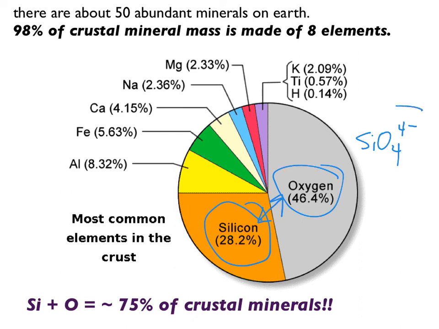And then that molecule can go around and bond with potassium, magnesium, sodium, calcium, iron, aluminum, or a combination of those. These all form positively charged cations that will balance out this negatively charged anionic complex, and the result will be a silicate mineral. So silicate minerals, including the mineral quartz, are far and away the most abundant mineral class in the Earth's crust. And again, that's because Si and O are the most abundant elements in the crust.